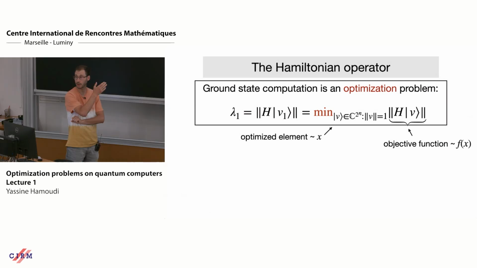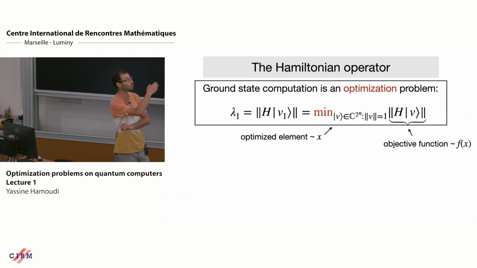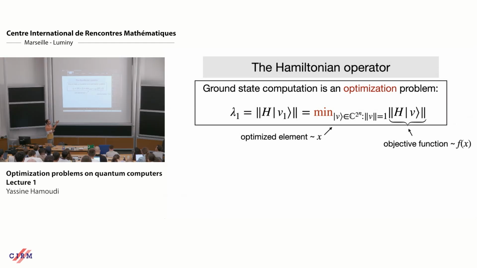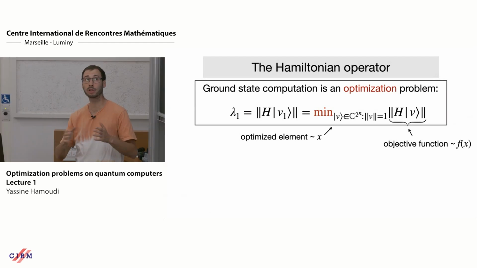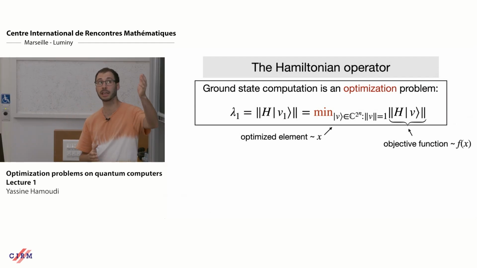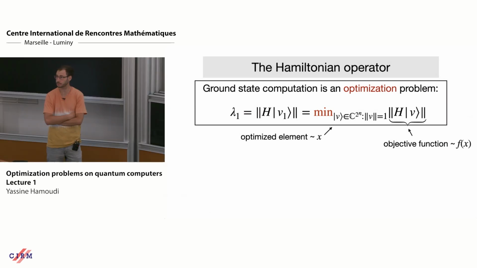That is the Euclidean norm, the L2 norm. And this is also equal to the following optimization problem: you want to optimize over all the unit states in C to the 2 to the n, so all possible unit vectors. And among them, you want to find the one that minimizes the objective function, which is the norm of HV. So it's really an optimization problem.